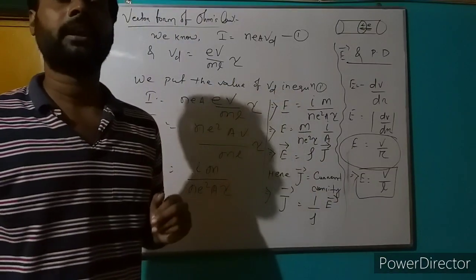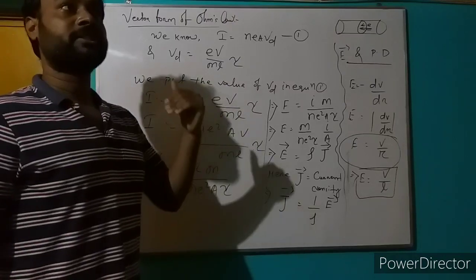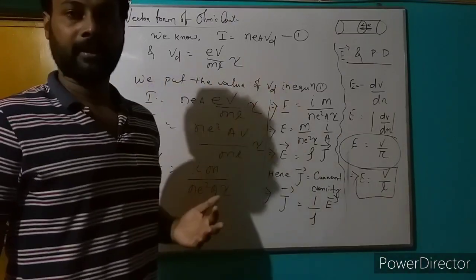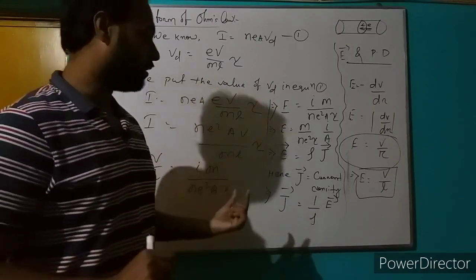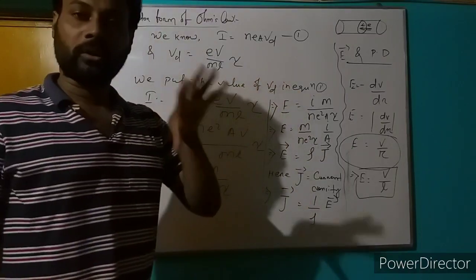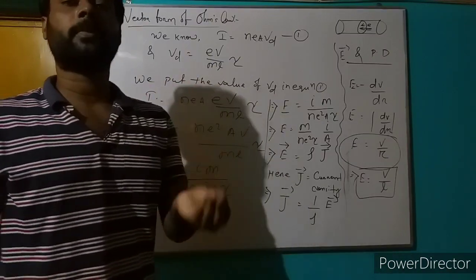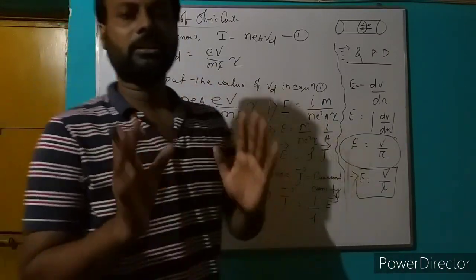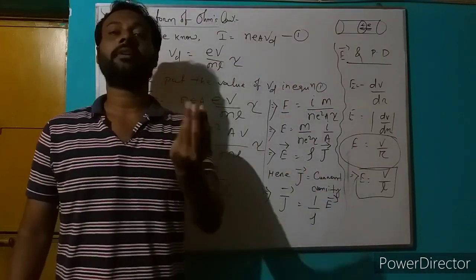What is resistivity? Whenever a current flows through a material, it is opposed by the material. That is called resistivity. Resistivity depends upon the nature of the material as well as temperature. We know that conductivity, which I already discussed in the previous class, is the reciprocal of resistivity.